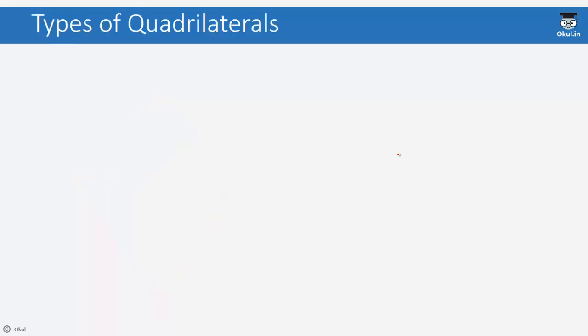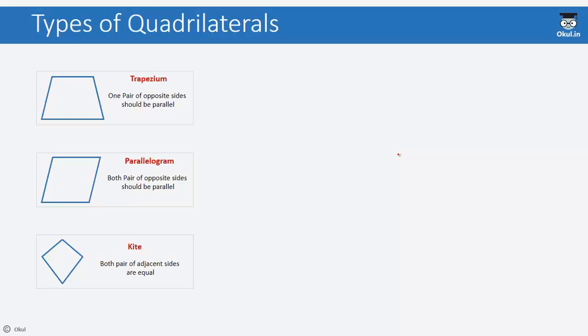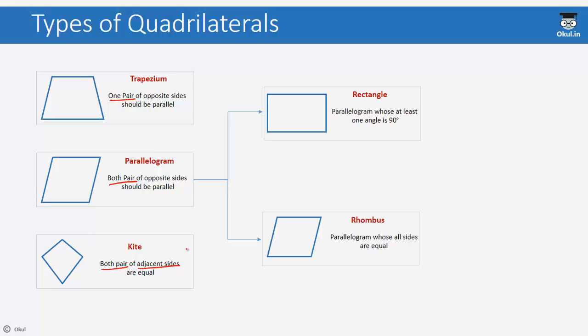Let us now summarize the types. There are basically three types of quadrilaterals. In a trapezium, one pair of opposite sides is parallel. In a parallelogram, both pairs of opposite sides are parallel, and in a kite, two pairs of adjacent sides are equal. Now about rectangle and rhombus. Since both rectangle and rhombus are parallelograms, they can be called derivatives or children of a parallelogram.